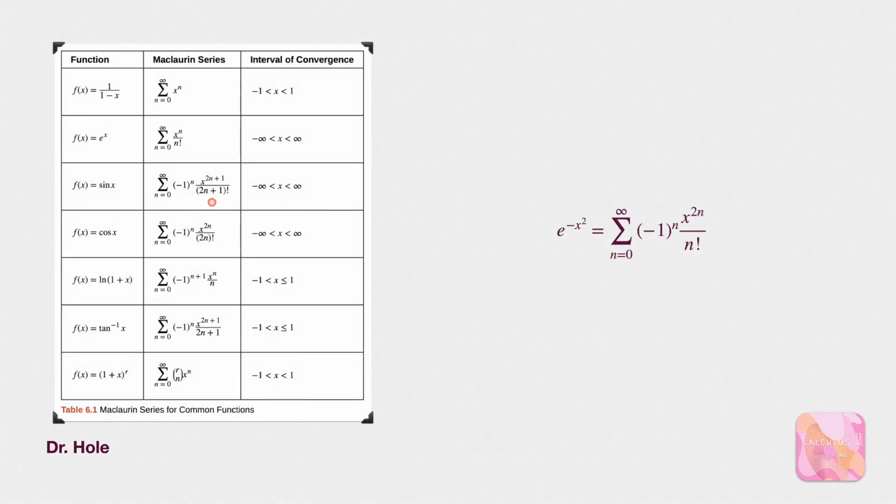Okay. So looking back at the exponential function, we know that it has a Maclaurin series representation, thus coming up with a Maclaurin series representation of e composed with negative x squared is straightforward. This has absolute convergence everywhere.